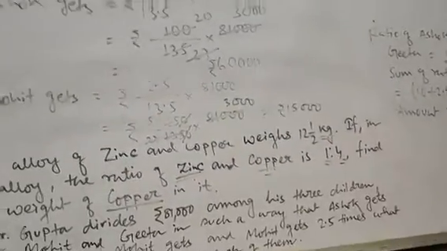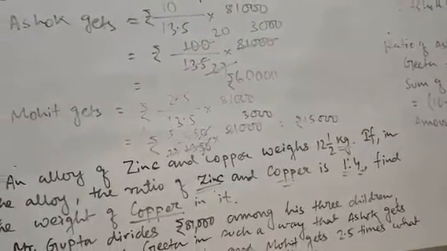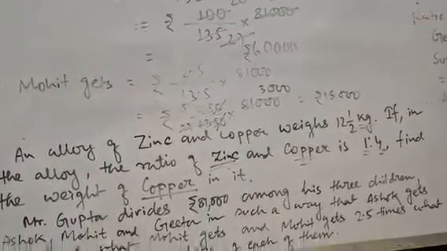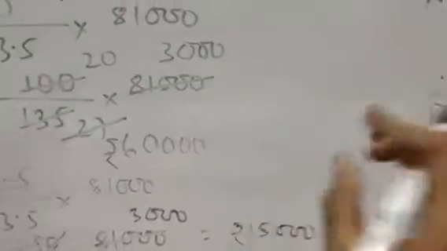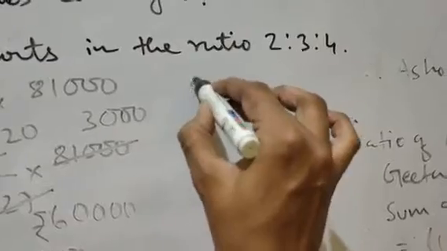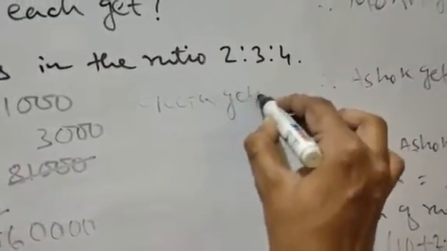Mohit will receive 15,000 rupees and Ashok receives 60,000 rupees. And the remaining amount will be received by Geeta. So find the amount of money Geeta receives. So write here, Geeta gets.